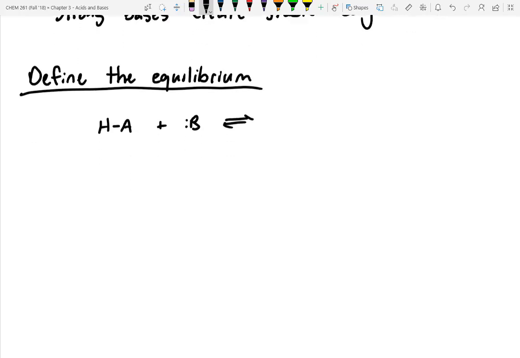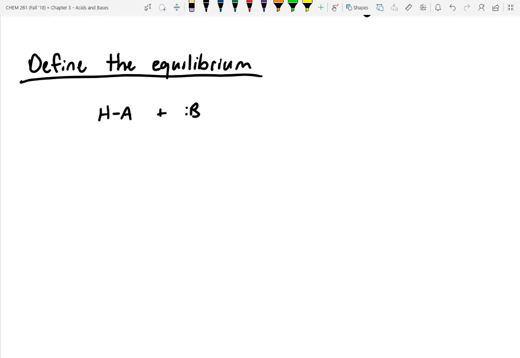Actually, I'm going to change this. I apologize. In this case, we're going to show it as an acid mixed with water. And in this case, what two products are we going to get out? Are we going to form hydroxide? In this case, the acid's going to donate a proton to water.